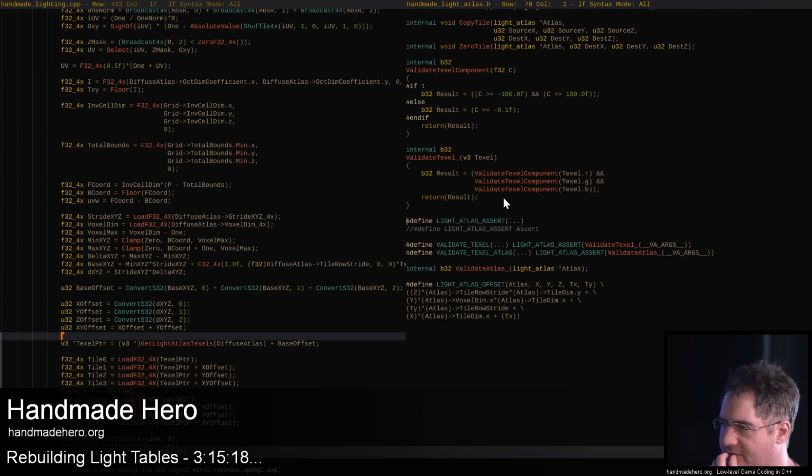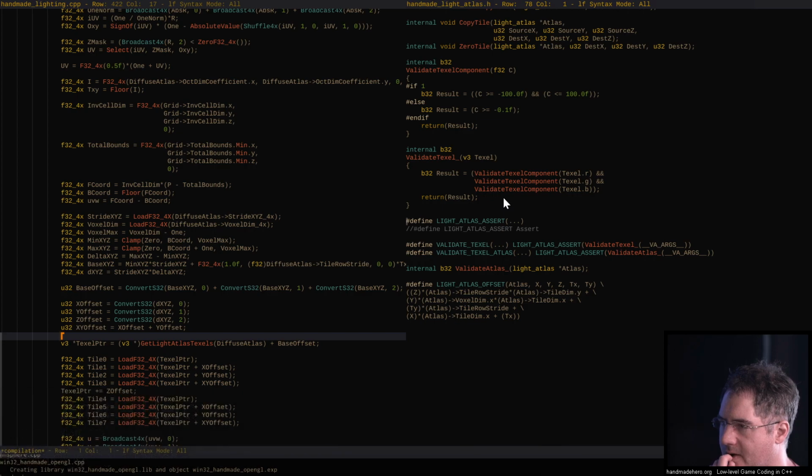We should be able to set that value to whatever we want, right? So I wonder if there's a subtle bug in here somewhere where there's some way we can actually sample outside.